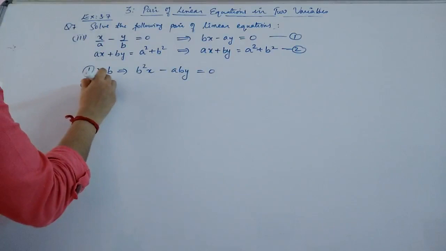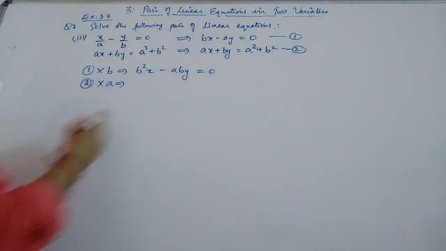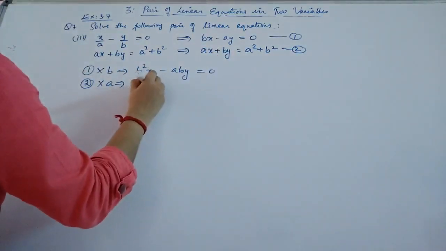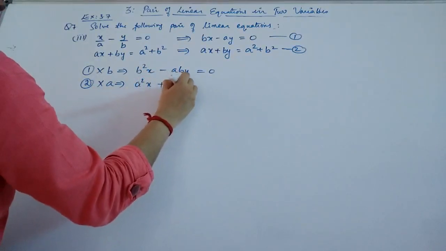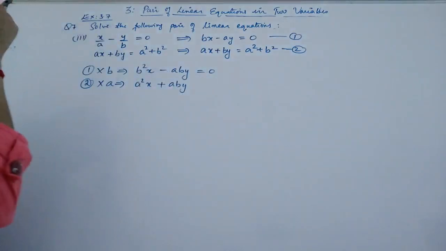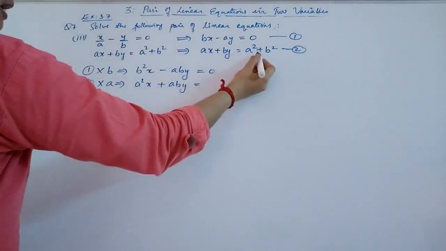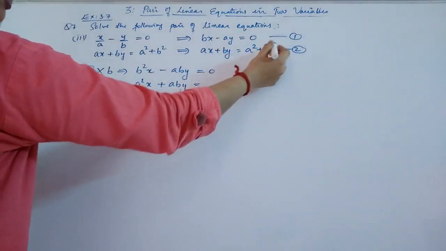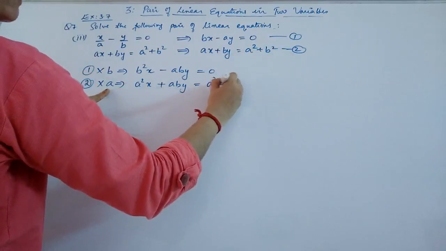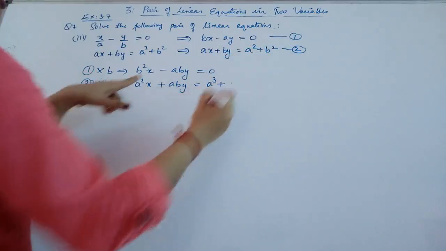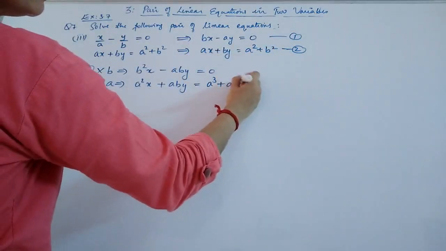And second equation into a will give you a square x plus aby, so that you can add the two equations in order to get the value of x. And here you are again multiplying with a, so a into the whole will give you a cube plus ab square.